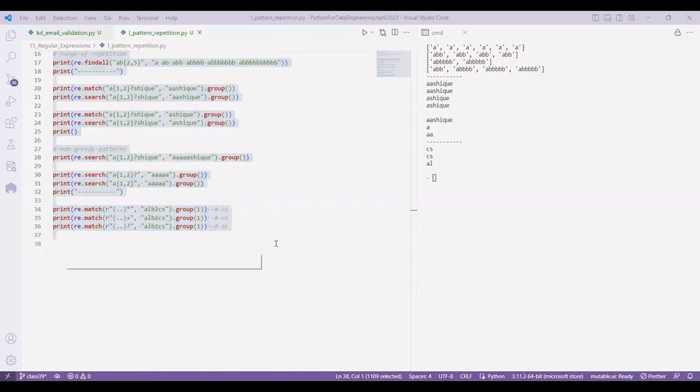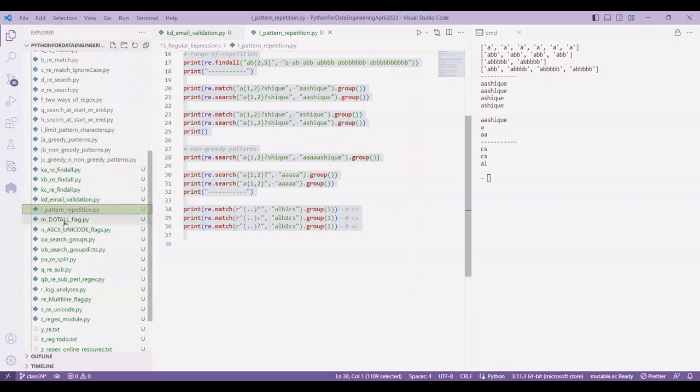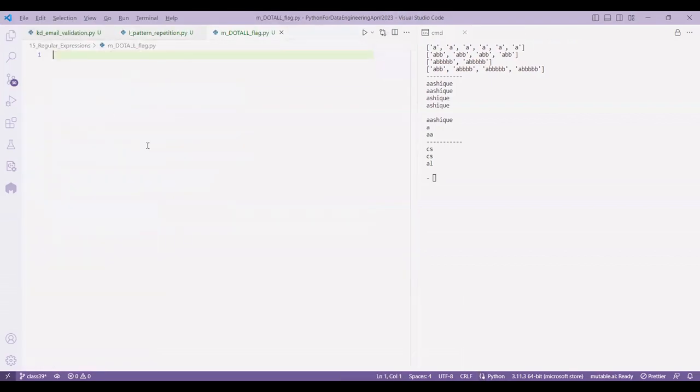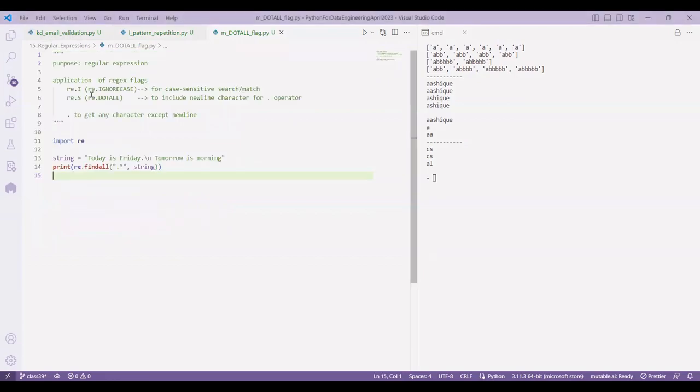So fine. Next, I told many things about dot all also, if I remember. I told that whenever we use the dot operator, we cannot go beyond a line, because it cannot find anything outside it. Till now we know ignore case is one of the flags. Dot all I showed yesterday, but I am showing it again.